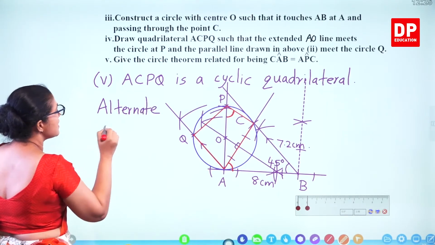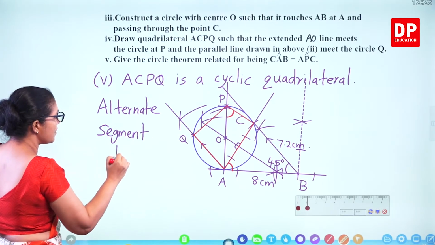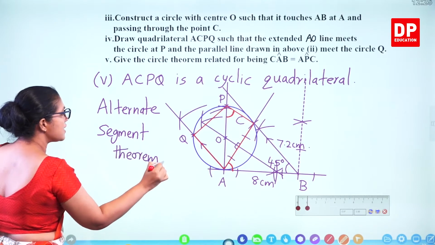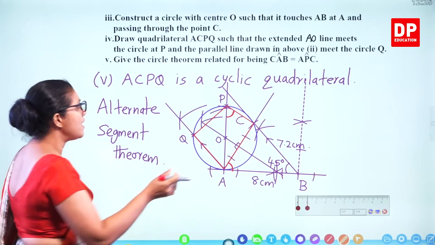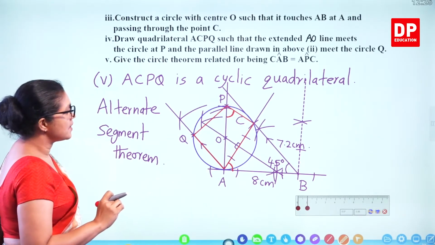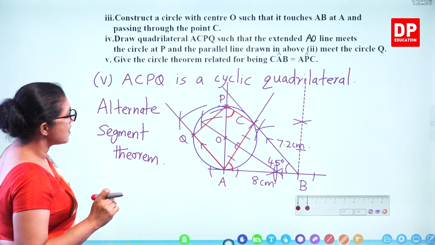So what's the alternate segment theorem? The angle between the tangent and the chord is equal to the angle in the opposite segment. So that's the last part.